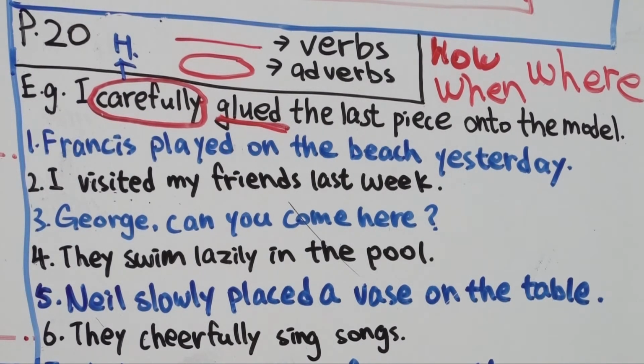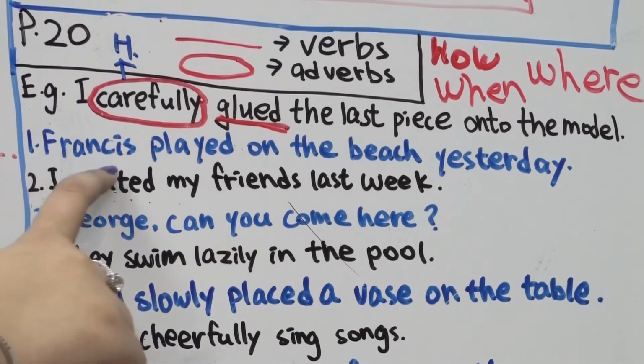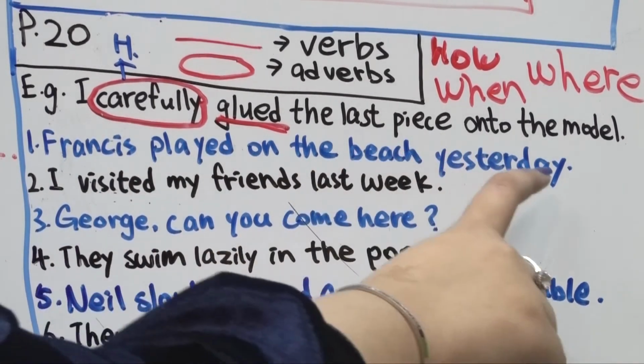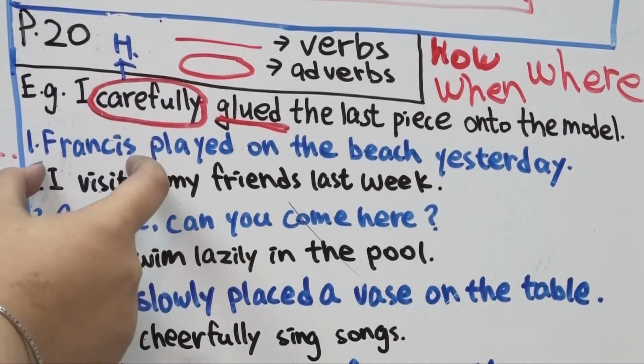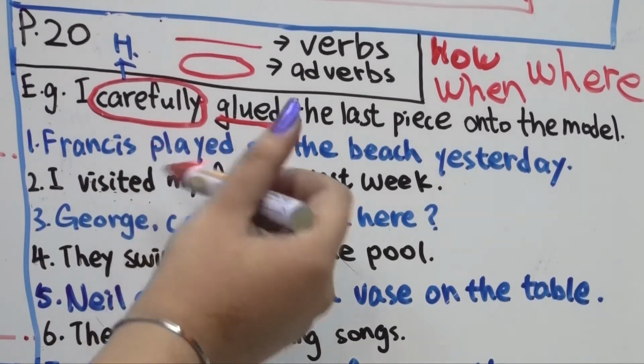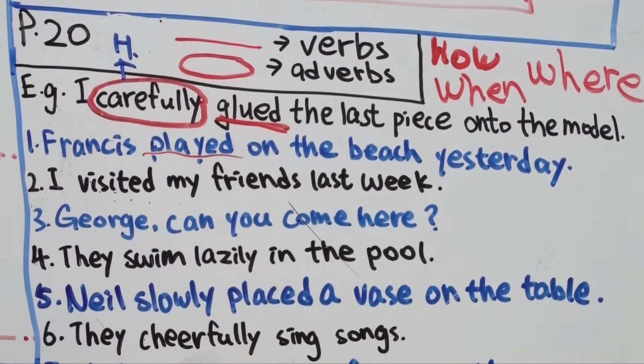Let's move on. Number 1. Let's read together. Francis played on the beach yesterday. Which one is the action here? 3, 2, 1. The action is played. So you underline played. Okay?